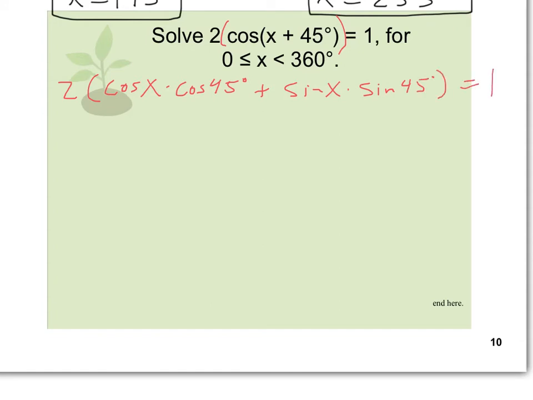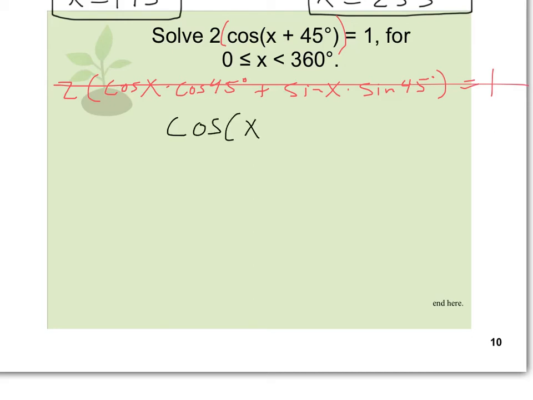What a mess. What a mess. Likewise, bad idea. Really for the same reason that I had one trig function and now I made it two, which is not cool. It's something I'd like to avoid if I can.